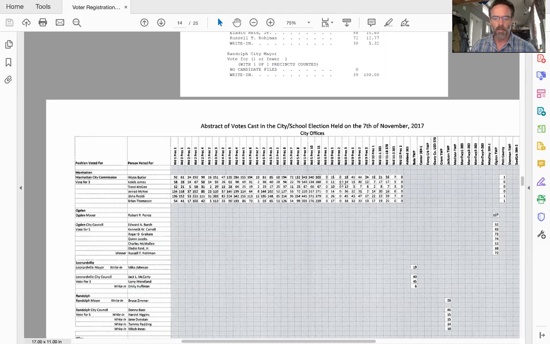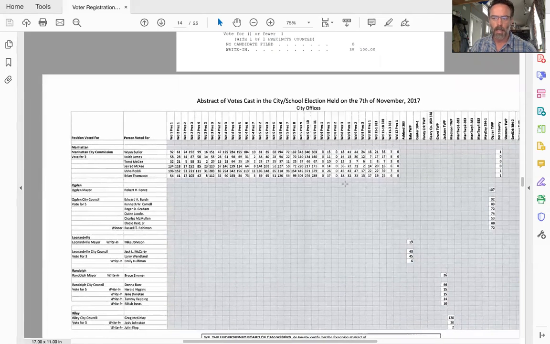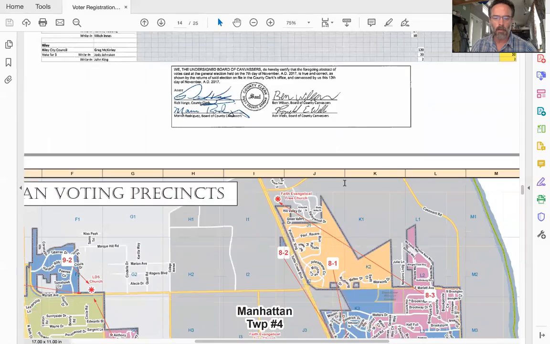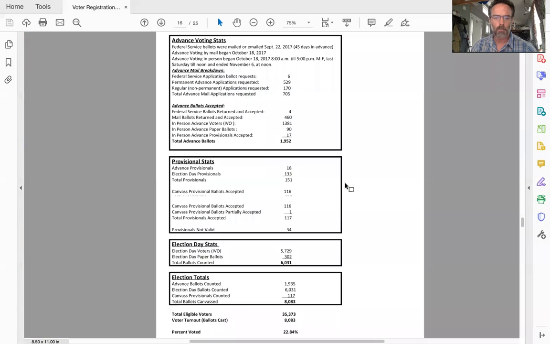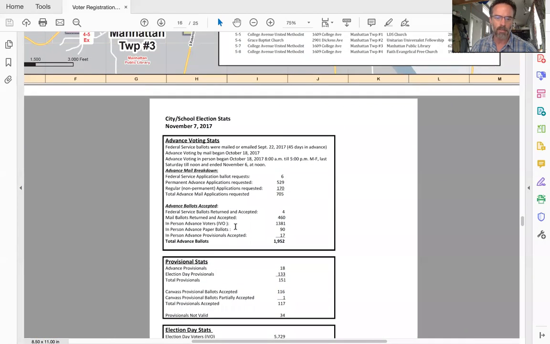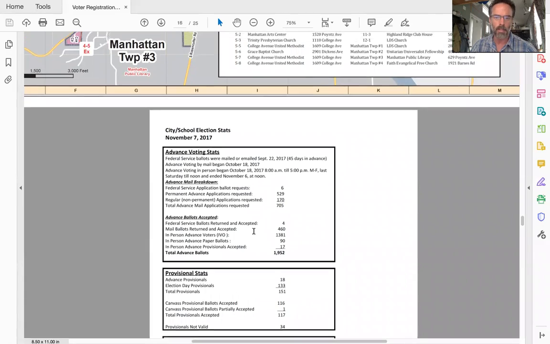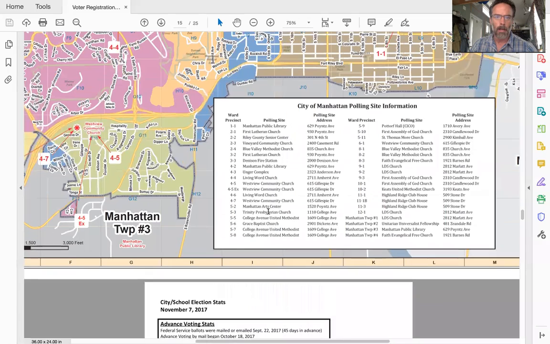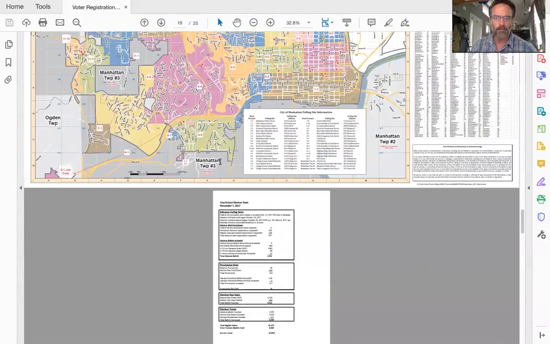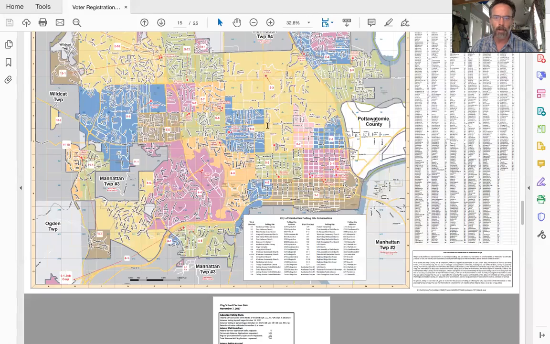There is some other stuff below, but I don't think it's as valuable or important. It's basically a summary of the election stats and how people voted. So, any questions on that part, or anything to add?